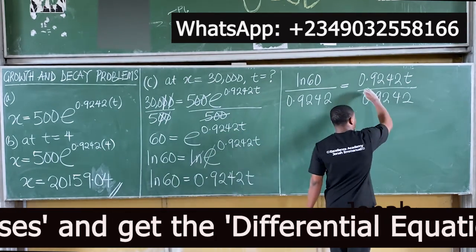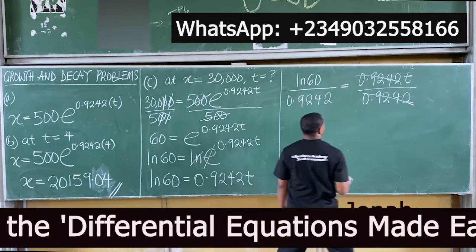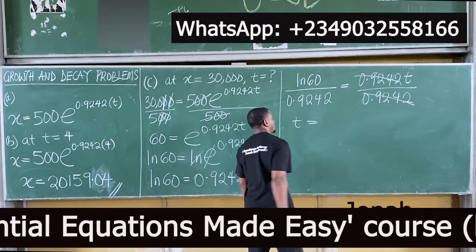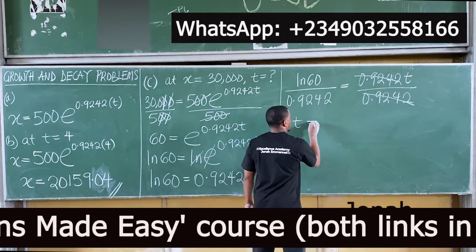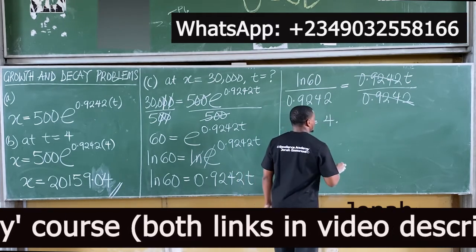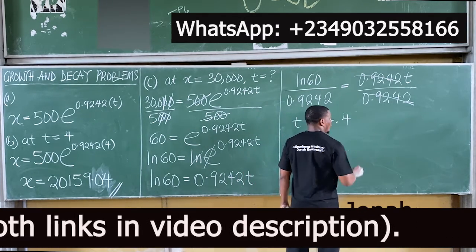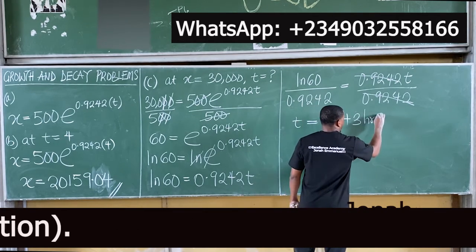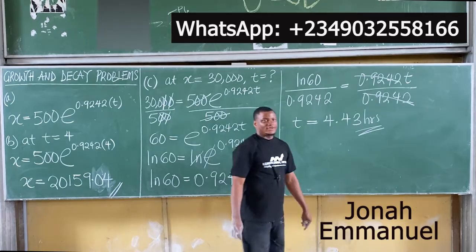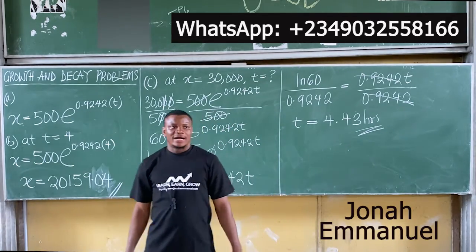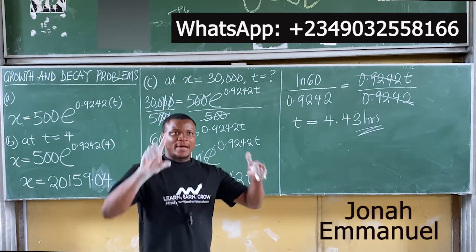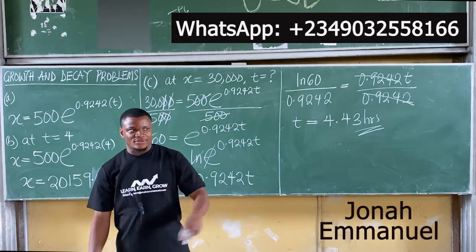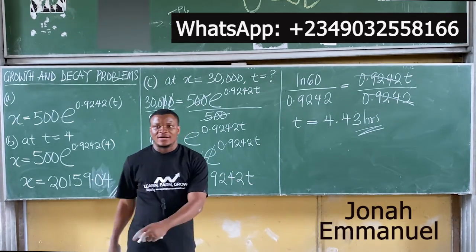So with that, this will cancel this, we can now get t. So t is equal to, please give me this value. 4.43 in hours, right? The value there is 4.43 hours. So this is how long it will take the bacterial population to get to 30,000. So that's your answer, please.